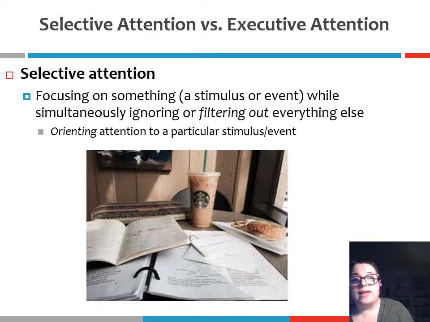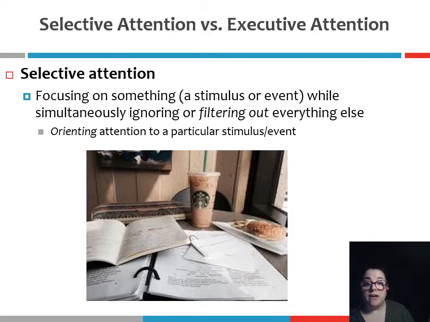So the example I gave last time was studying at a busy coffee shop, right? So if you were to employ your selective attention system here, it would allow you to orient or focus on your notes or your textbook or your homework assignment or whatever academic stuff you're working on.